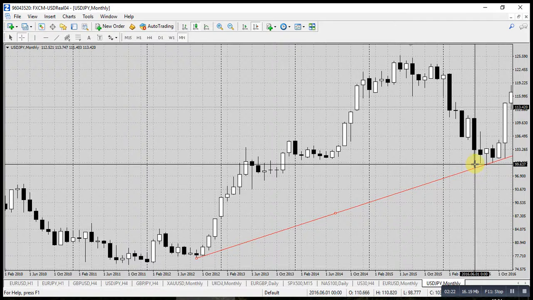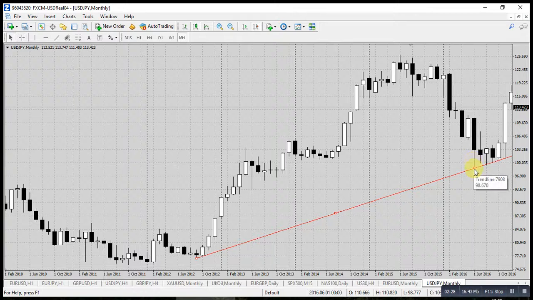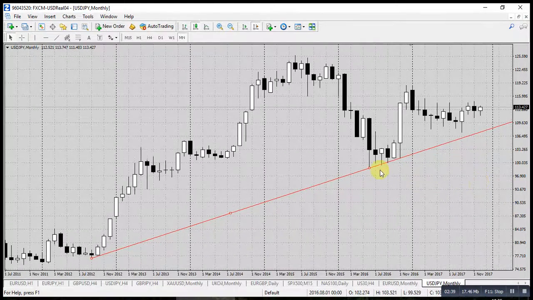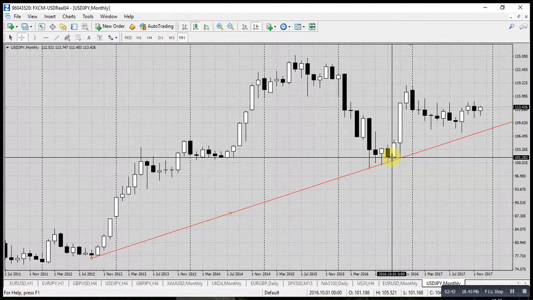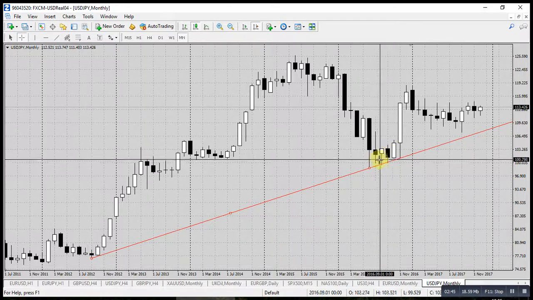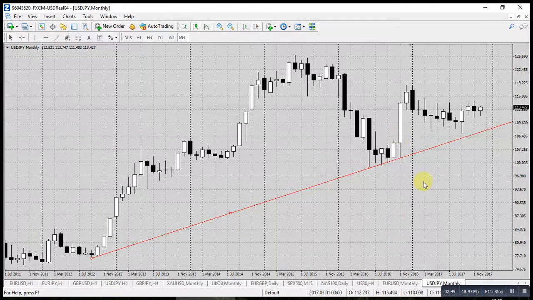It's June 2016, and once we pick these two lines and draw our trend line, after this dot the trend is not broken yet. So here you can see in 2016 how price just tested this line and went up.